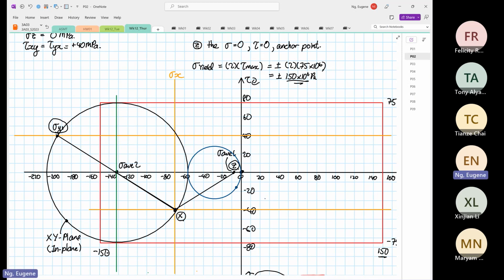It is still inside the box, right? But regardless, right? Because we know that once it goes up past the red box, like for this case, it's gone up already, the material will yield already. So this is your XZ plane, and this is your out of plane.